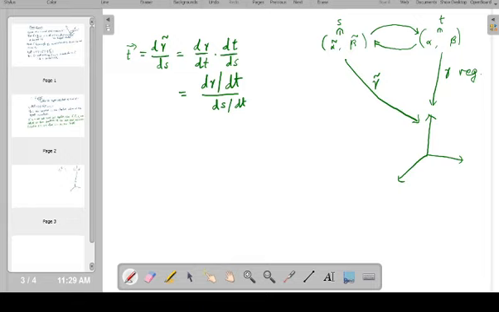Here this t is a scalar, but this T is a vector.